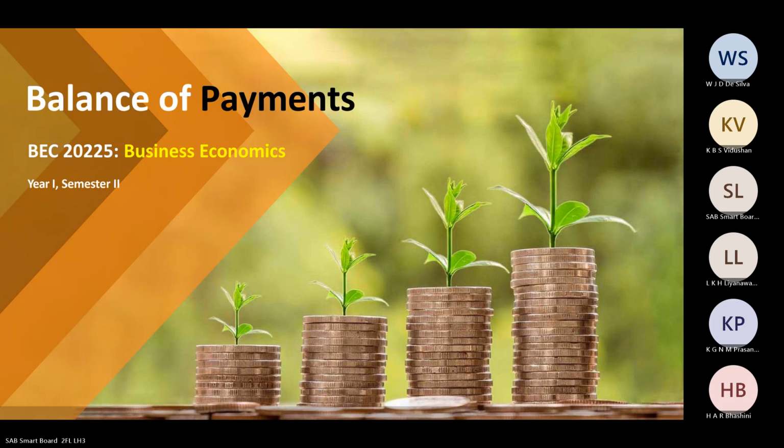PPP, purchasing power parity, right? Under purchasing power parity, for perfect purchasing power parity to exist, the real exchange rate should be one, right? The real exchange rate should be one.